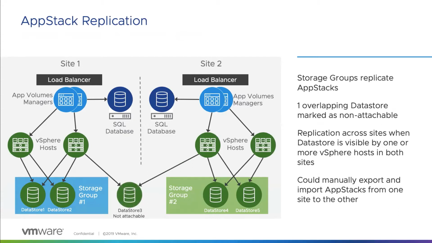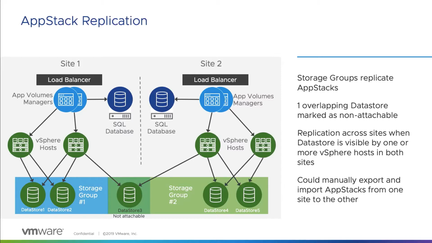SQL is one thing, but the key concept is what happens to my app stack. If I change an app stack in site 1, will it be replicated? The way to replicate is to have a non-attachable LUN that we put as part of the storage group in App Volumes 1 and the storage group in App Volumes 2. A storage group is nothing but a collection of data stores where, when you make a change to one volume, that change gets replicated to the other volumes. In this example, site 1 has a storage group with data store 1, data store 2, and data store 3.